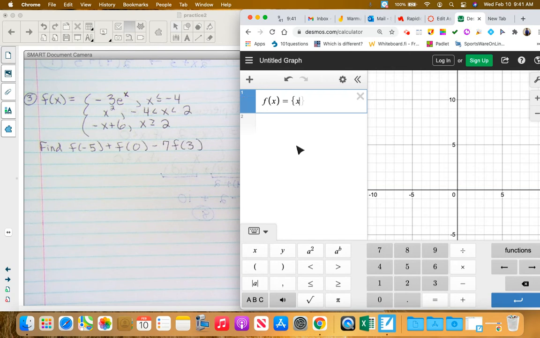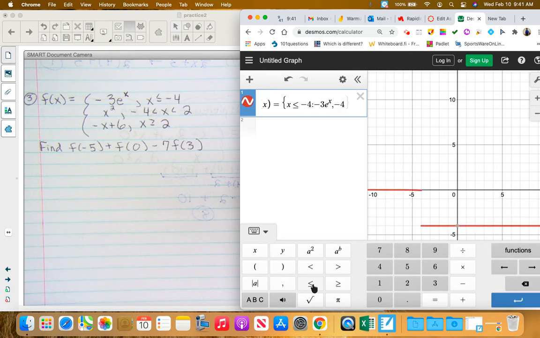We're going to type in x is less than or equal to negative 4, followed by a colon. And then we're going to type in negative 3e to the x power. Okay, so that is that section that we just did right there. And then we're going to put a comma. Then I'm going to do the next section.